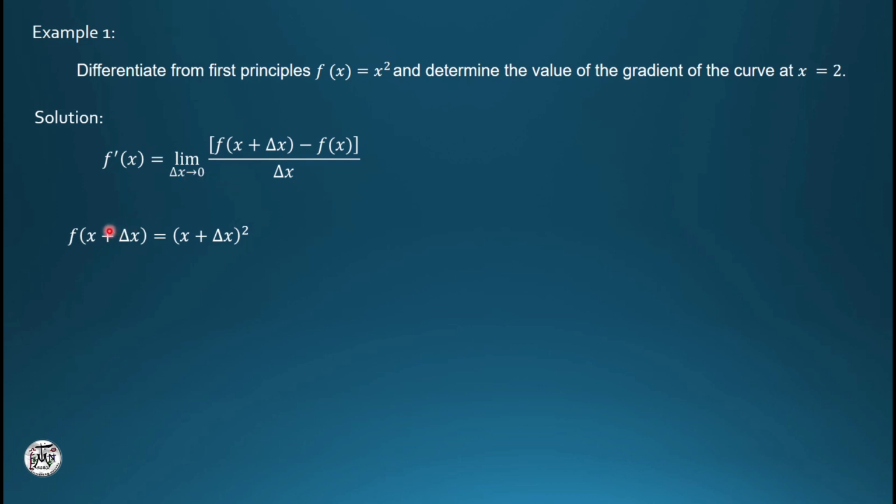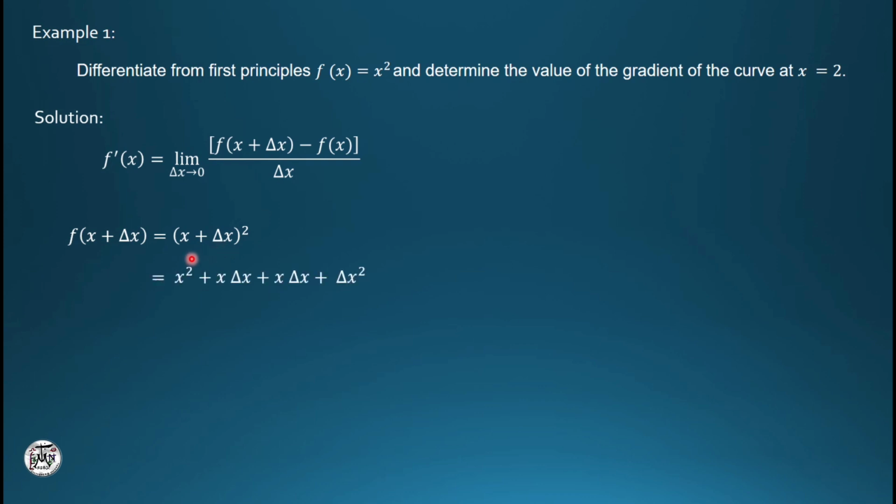We find f of x plus delta x by substituting, so the value of x becomes x plus delta x. We write x plus delta x, squared. This is a square of a binomial, the binomial theorem.